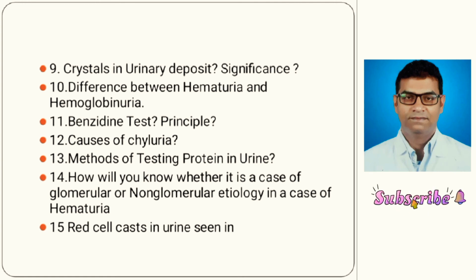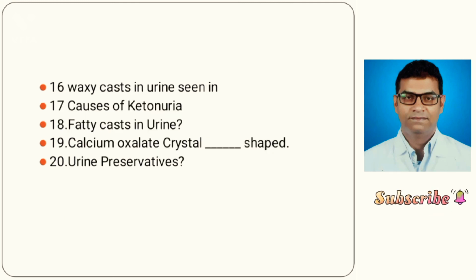The glomerular diseases in which red cell casts are present are post-streptococcal acute glomerulonephritis and membranoproliferative glomerulonephritis. Presence of isomorphic red cells in urine indicates a non-glomerular disease of the urinary tract. The diseases in which waxy casts are present in the urine are amyloidosis of the kidney and chronic renal failure.